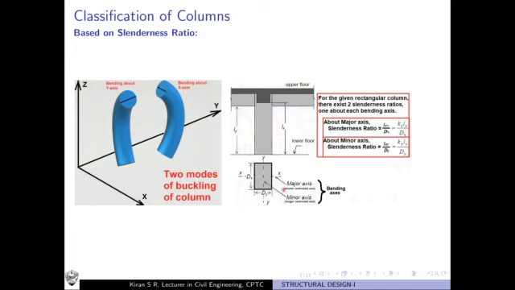For columns of rectangular cross-section, we have to define the slenderness ratio about both the major axis as well as the minor axis. That is exactly what is tabulated here.